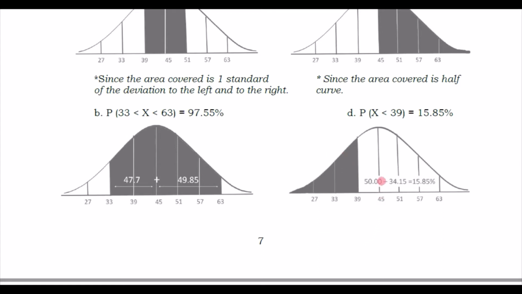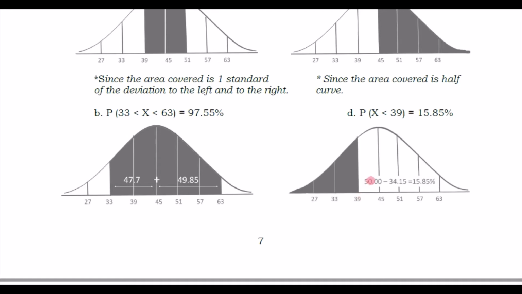We all know that half of the curve is equal to 50%. Okay? At alam natin na yung first standard deviation away from the mean is equal to 34.15.